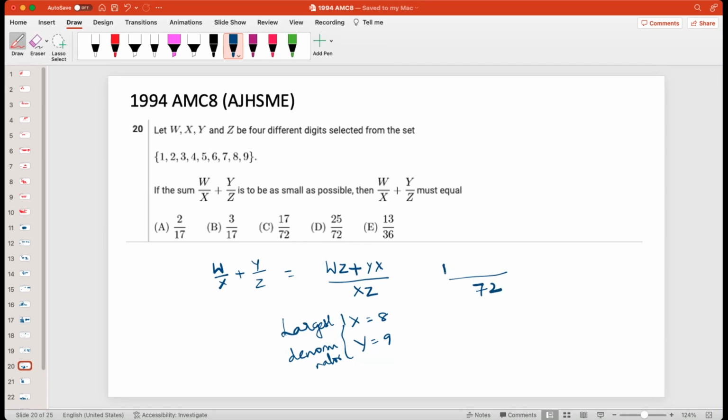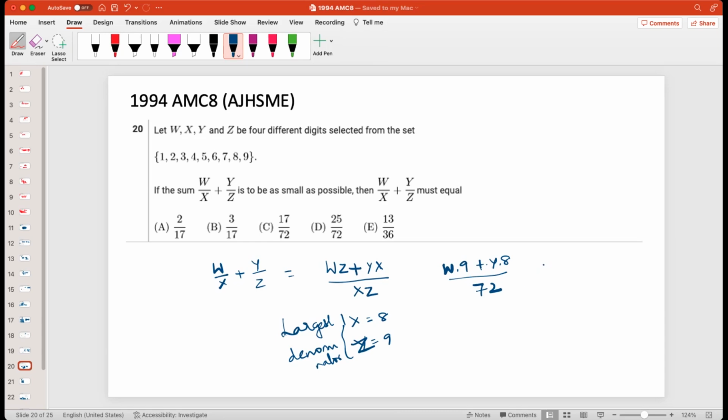Then this will become W into 9 plus Y into 8. Okay. So now I have to make this the smallest.